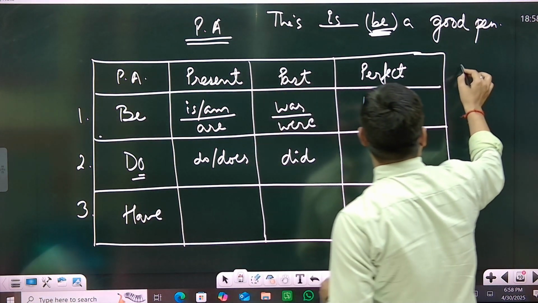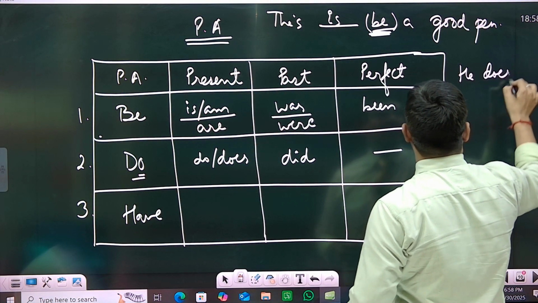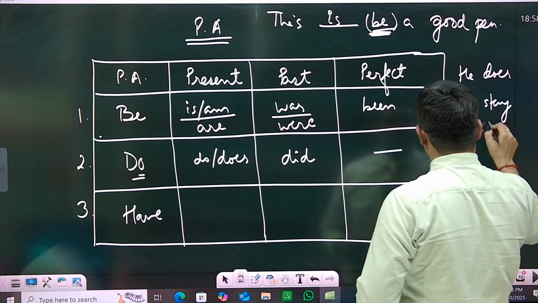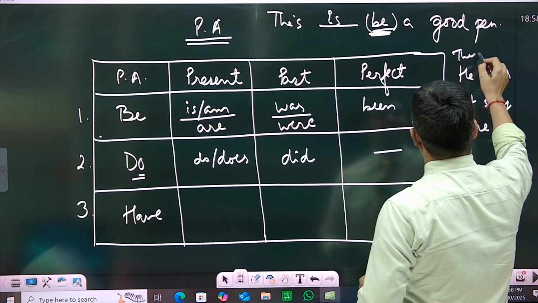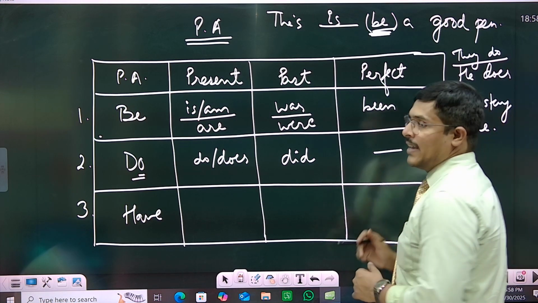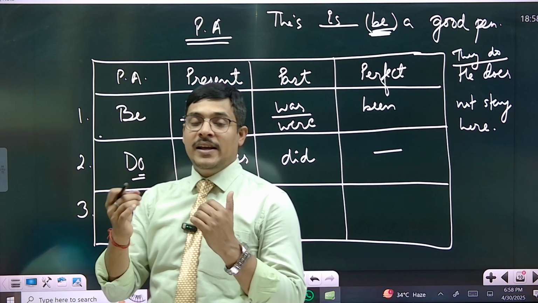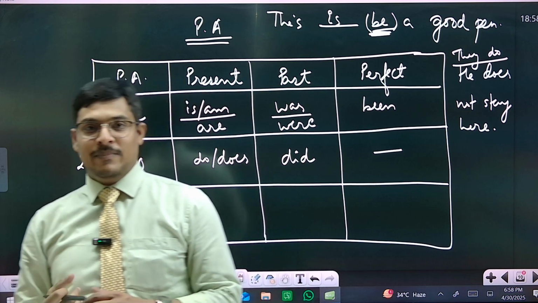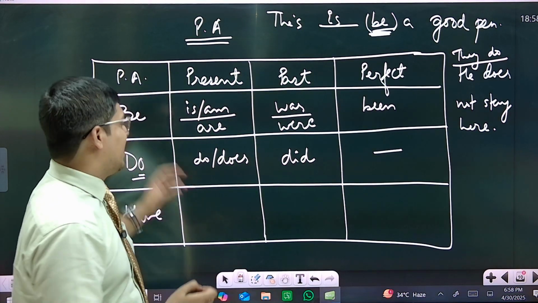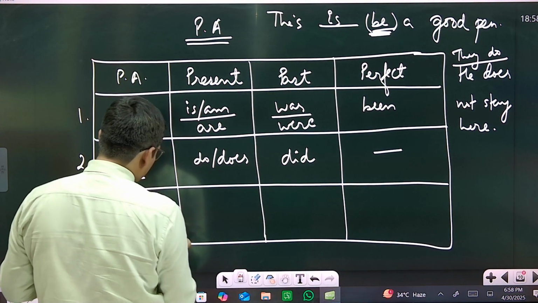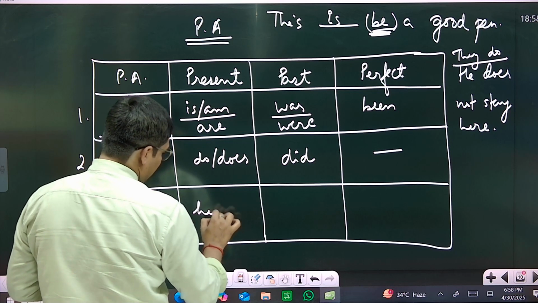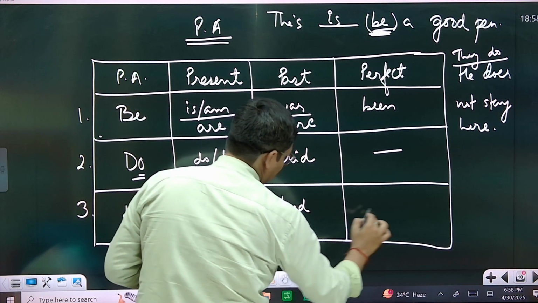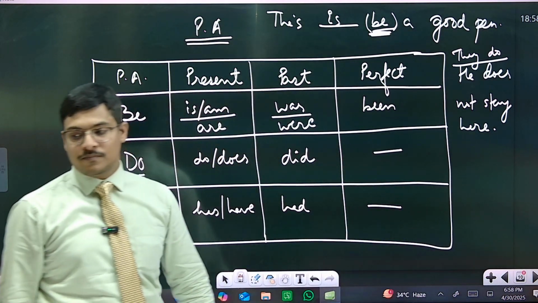For example, he does not stay here, or they do not stay here, or she did not help me. We never say he done not help me. Okay, now we have the third one, which is have: present form, has or have; past form, had; no perfect form.